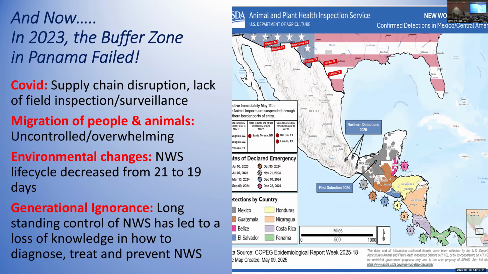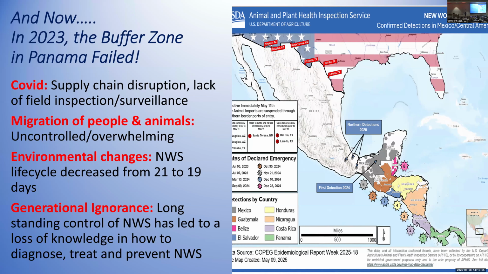Ignorance is kind of a mean word, but generational ignorance, the loss of knowledge. Our generation has not been exposed to the parasite in the United States. It's been 50 years for some people. Even in Mexico, it's been 25 years.